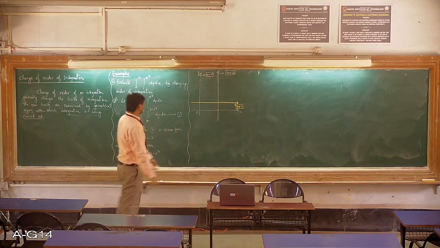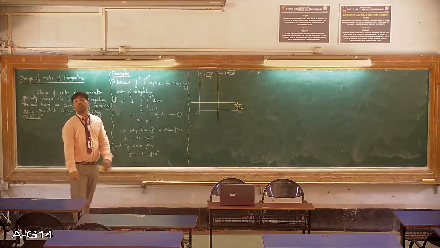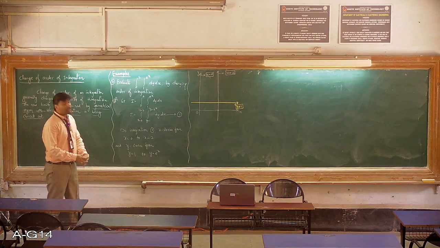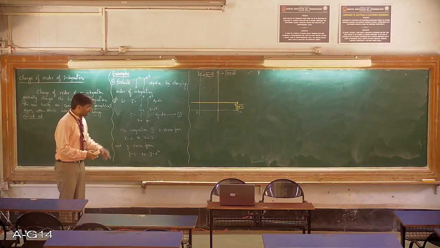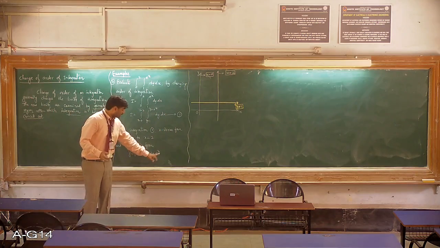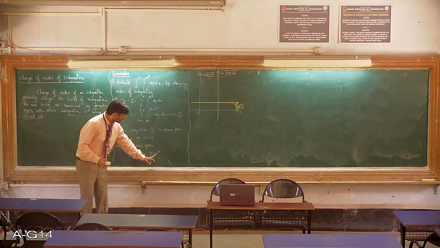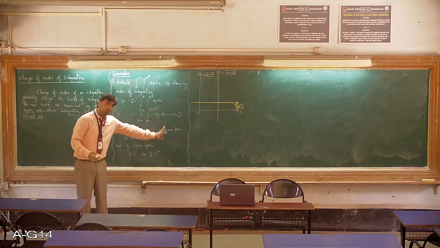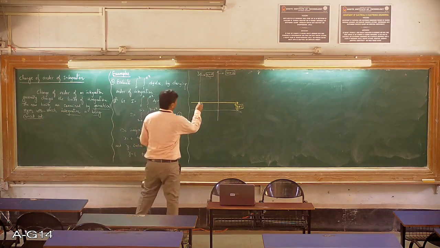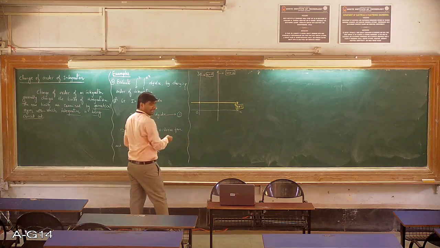Okay, so next one more is there. Y equals e to the power x. Then how can one draw the graph of this? Very simple. Just put x equals 0 in this equation. If x equals 0, then e to the power 0 is 1. So this point is 1 only, and the curve will be crossing this particular point.